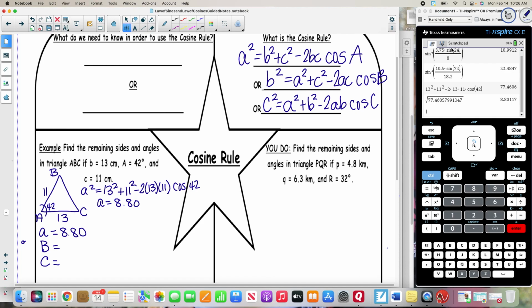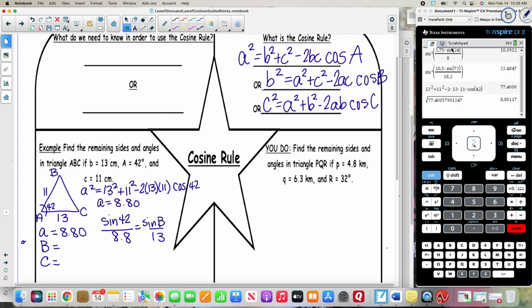So sine A over a. Do you want to do B or C? It doesn't matter. B. So sine B over 13.